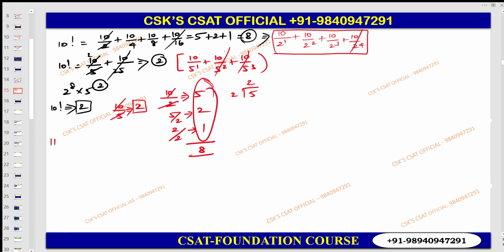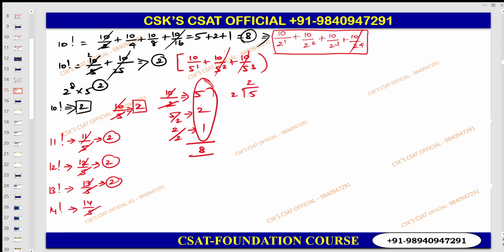Even with respect to 11 factorial, this is also 2 only. Like that 12 factorial, here also 2 only. 13 factorial, here also 2 only. 14 factorial, here also 2 only.